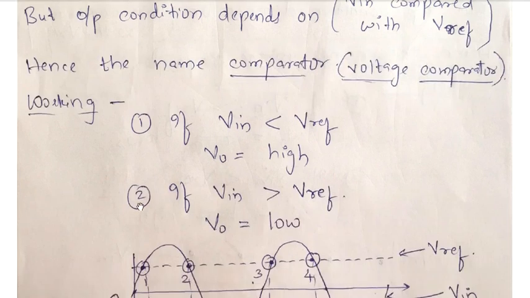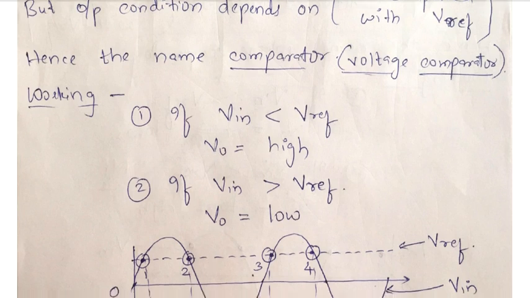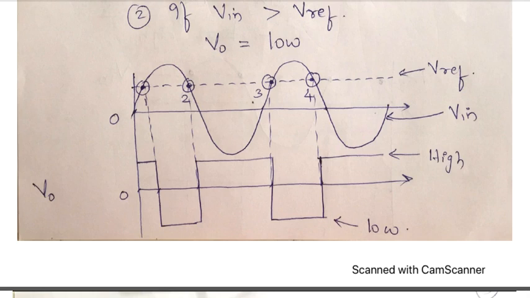And second condition is just vice versa. That is, if V input is greater than V reference, then output voltage is low. So depending on the input voltage in comparison to reference voltage, your output voltage is either high or it is low. So to understand that, I have drawn these waveforms for you people.